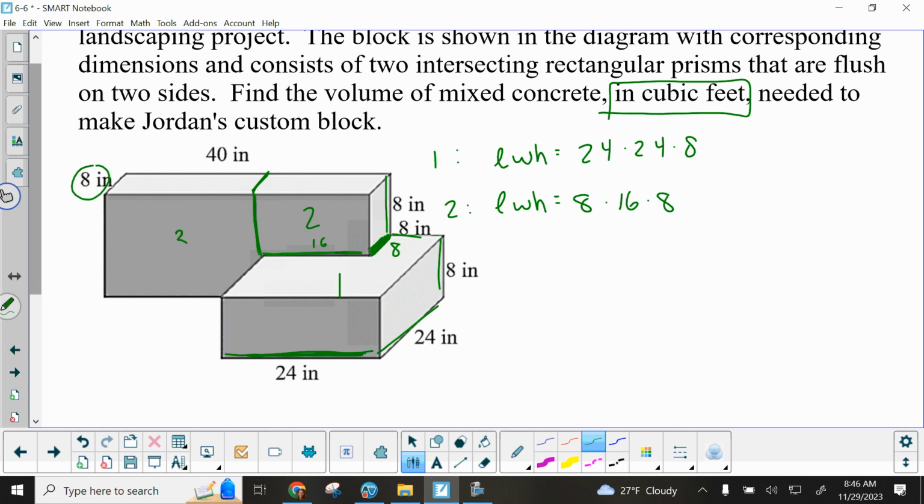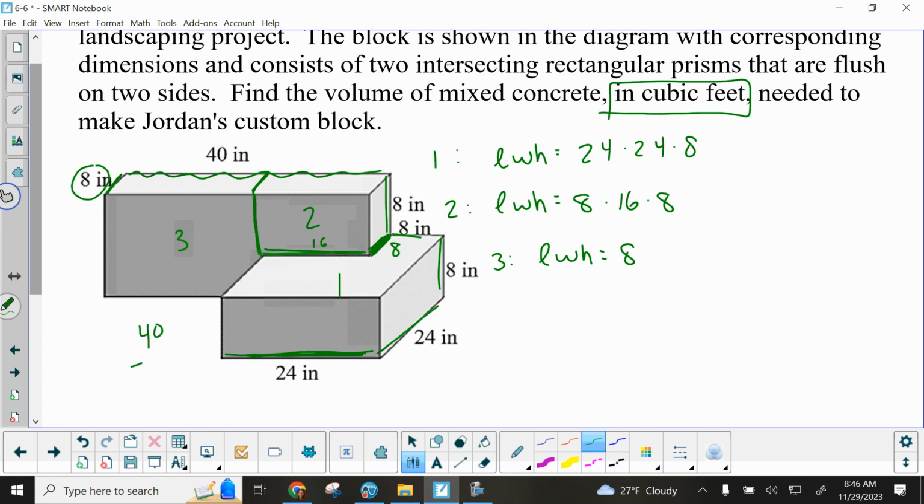All right, block 3. All right, so I have the 8 already. That's this right here. I have this whole dimension here is 40, but I'm really cutting off 16 of it.